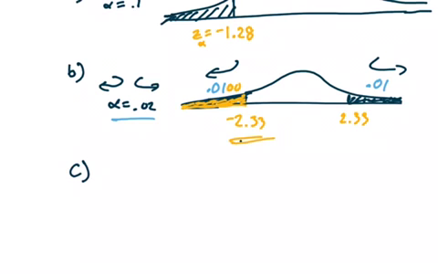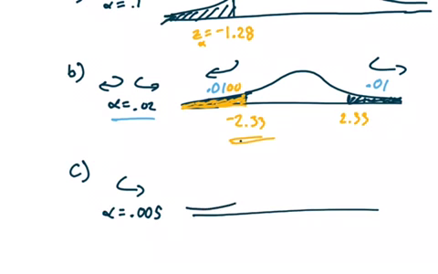All right, in part C, it says we're looking at the critical region for a right-tailed test with alpha equals 0.005. Okay, so it's a right-tailed test. We have alpha equals very small, 0.005. And here's a sketch of the region. Here's our distribution curve. Here we have this z value.